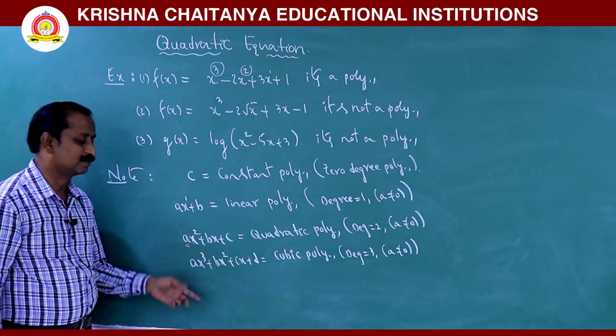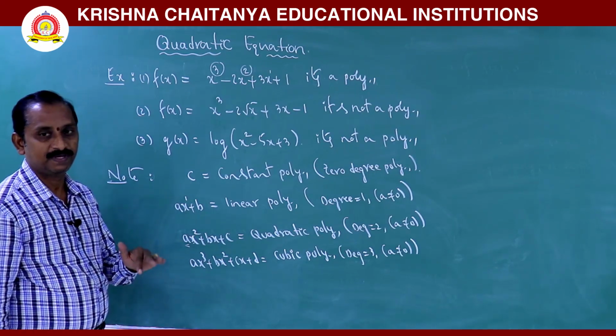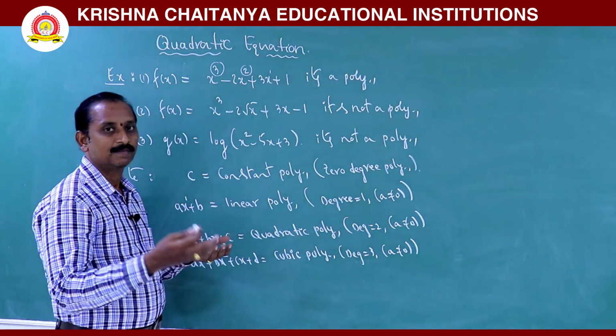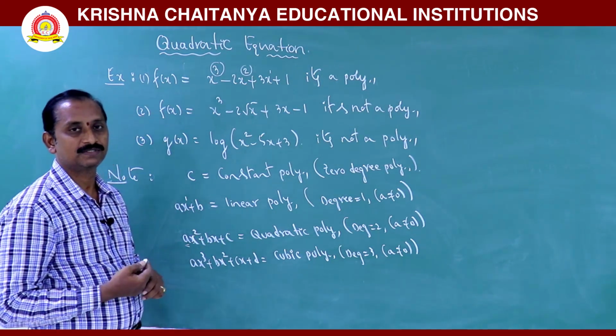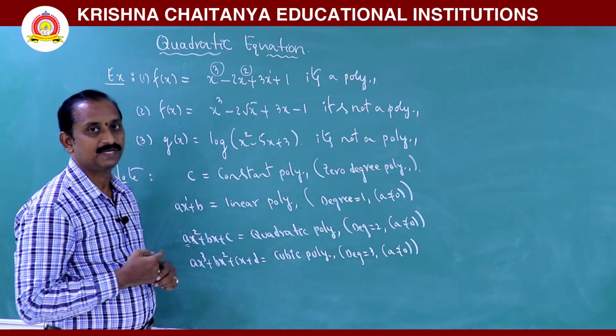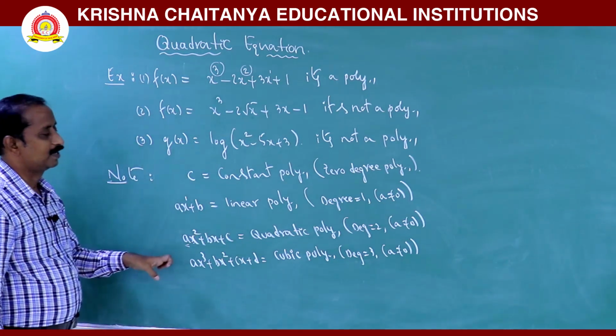Just now we discussed what is an nth degree polynomial. P naught into x power n plus P1 into x power n minus 1 plus P2 into x power n minus 2 and so on plus Pn is called an nth degree polynomial, where n must be a non-negative integer. So these are the polynomials.